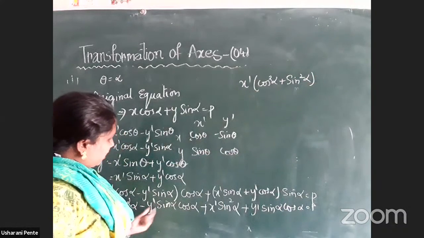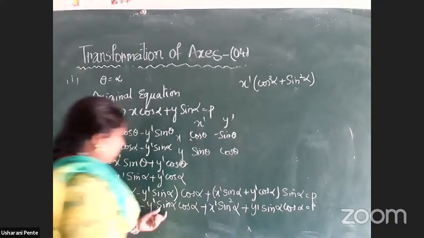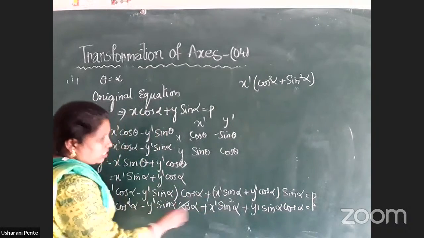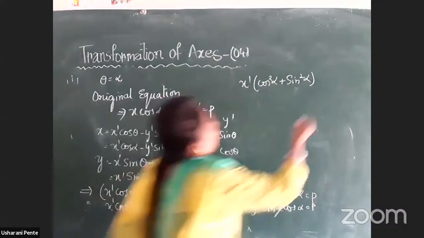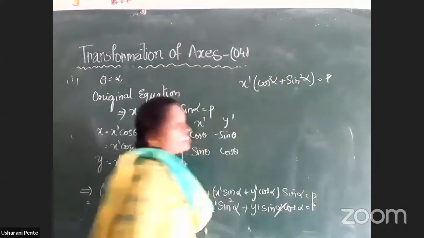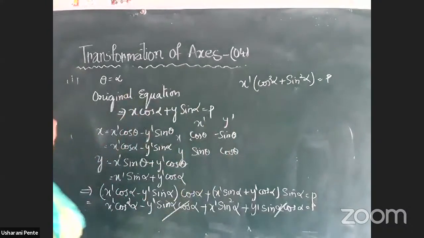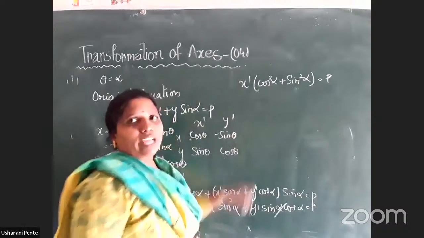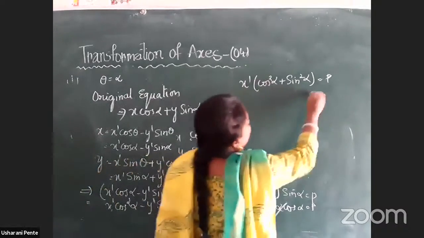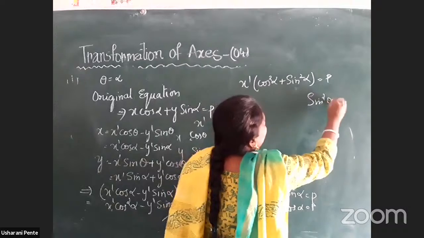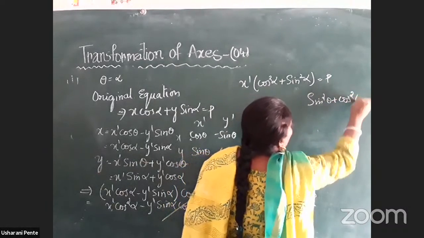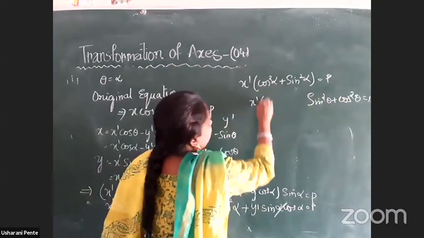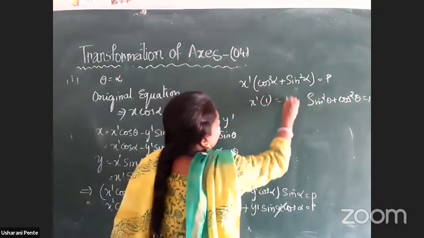Next, minus y dash sin alpha cos alpha, and here I have plus y dash sin alpha cos alpha. These two terms get cancelled. I'll get this is equal to p. Therefore, we know from the identity that sin square theta plus cos square theta is equal to 1. So substituting that identity, in place of this I am putting 1, so x dash is equal to p.